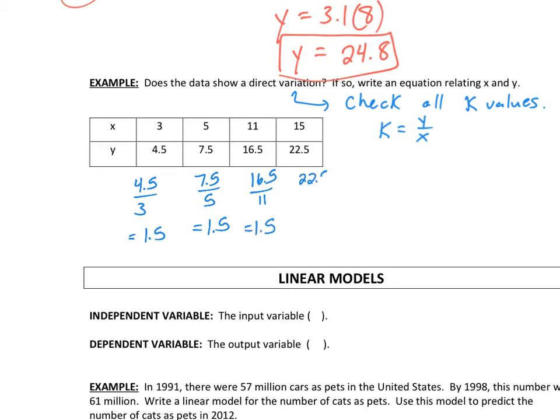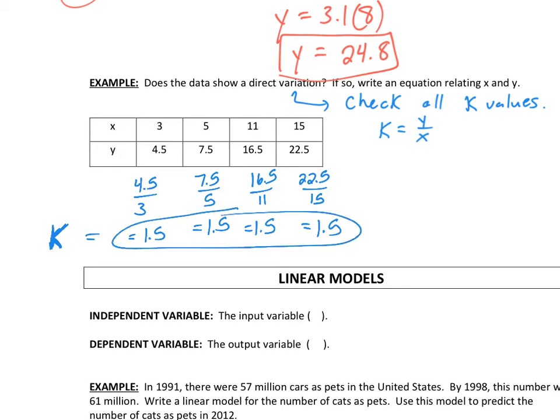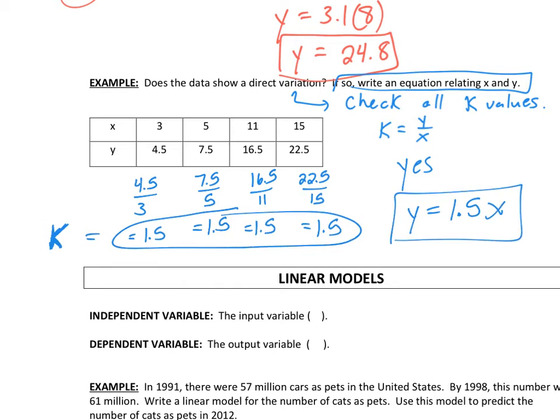And 22.5 divided by 15 is 1.5. So all the k values are 1.5. So they're all the same. If they all are 1.5, then it varies directly. So does this vary directly? Yes. And then it says to write an equation relating x to y. So we would say y equals 1.5 times x. Okay, and then that would show us if it varies directly.